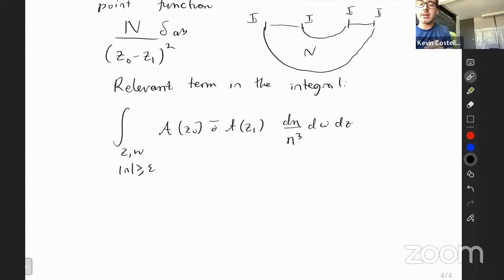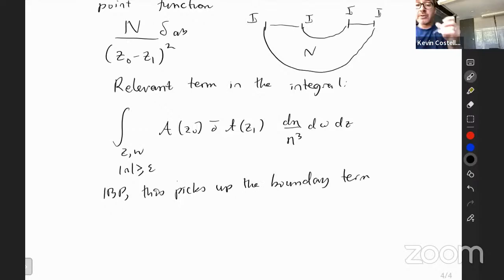Now, if we do integration by parts, this is a pure boundary integral. The boundary term, we're going to get rid of the d bar. And we're going to find something like this.